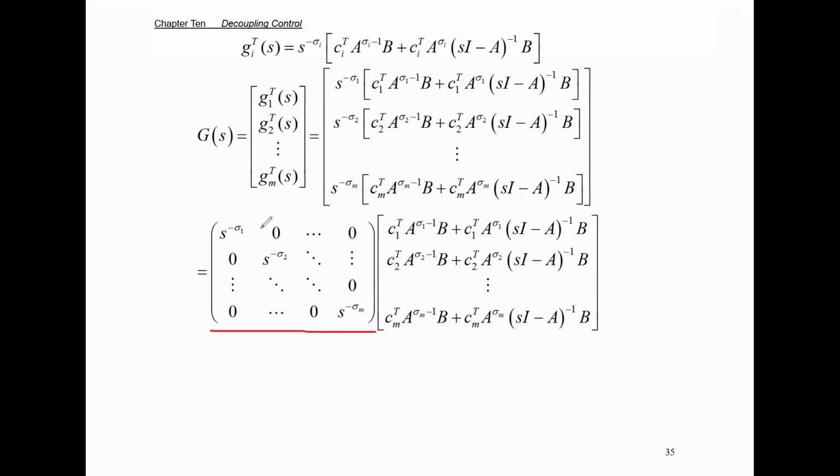You can verify by doing the computation of this matrix: this one times this one, you will get this term, and then this row times this column vector, you will get this one. So that's why we can write this matrix as a multiplication of those two matrices.